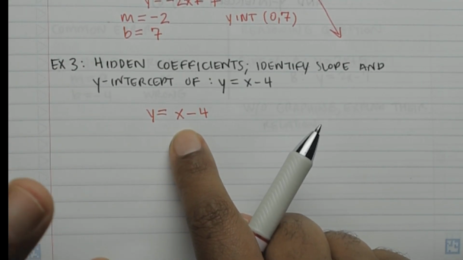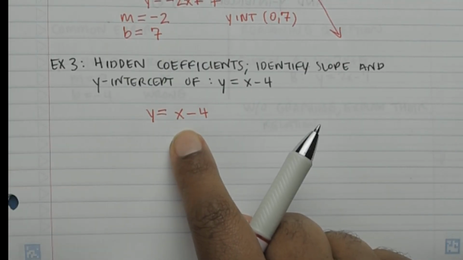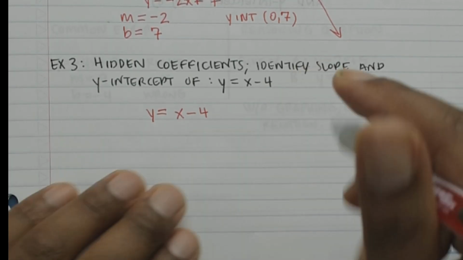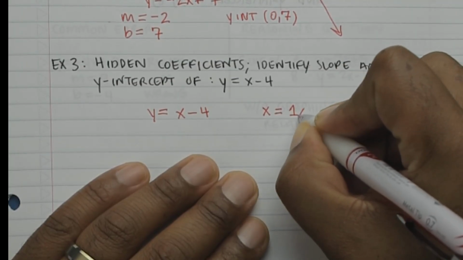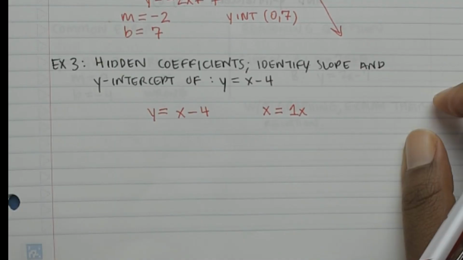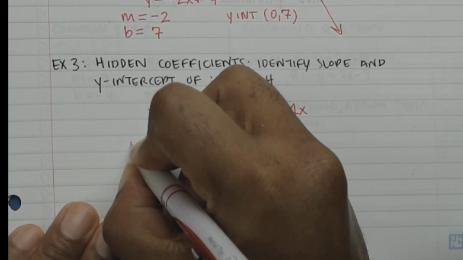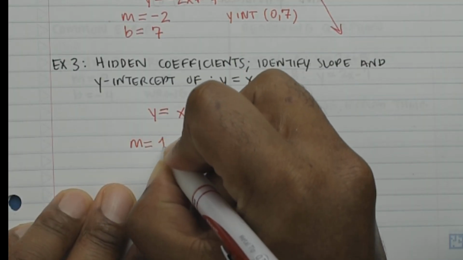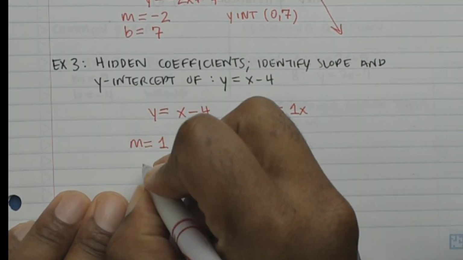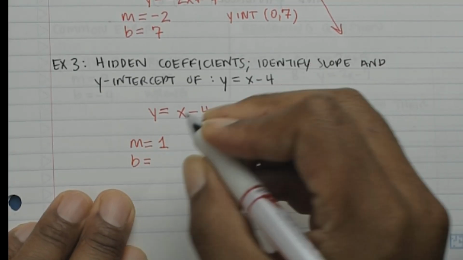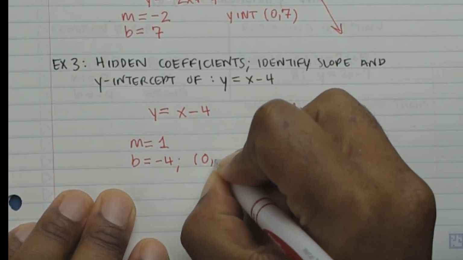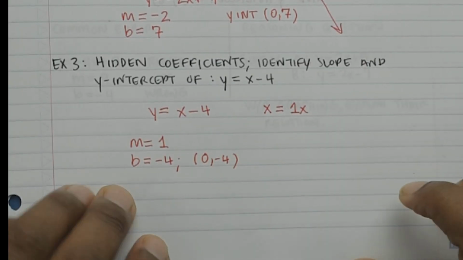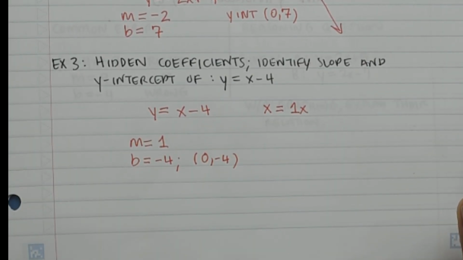So you have to remember this, that even though there's no visible number written in front of x, x is equal to 1x. Therefore, the slope in this case would be positive 1, and b would be negative 4. We can also write that as (0, negative 4). So the y-intercept is (0, negative 4).